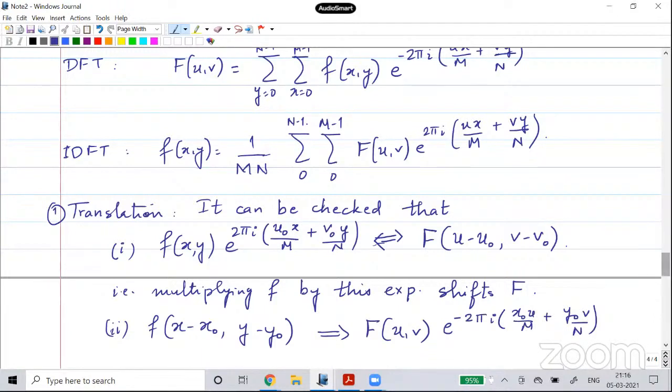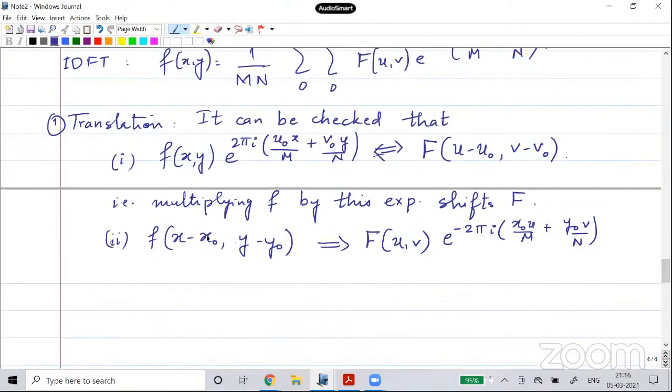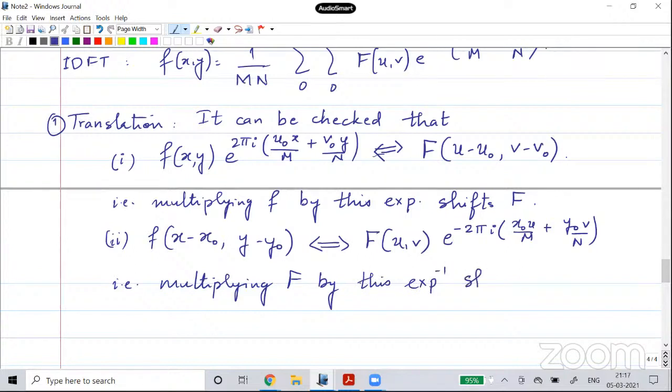Now here the shifting or the translation was being done here. So this is a Fourier transform pair. Multiplying capital F by this same exponential function with a minus sign, the exponential inverse, shifts small f.